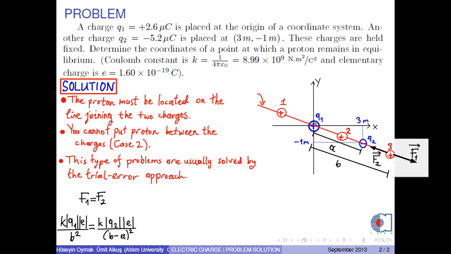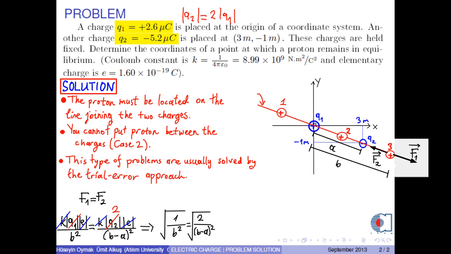Here, the k's cancel. Also, the e's cancel. And since the absolute value of Q2 is twice the absolute value of Q1, we obtain the equality 1 over b squared equals 2 over (b minus a) squared.